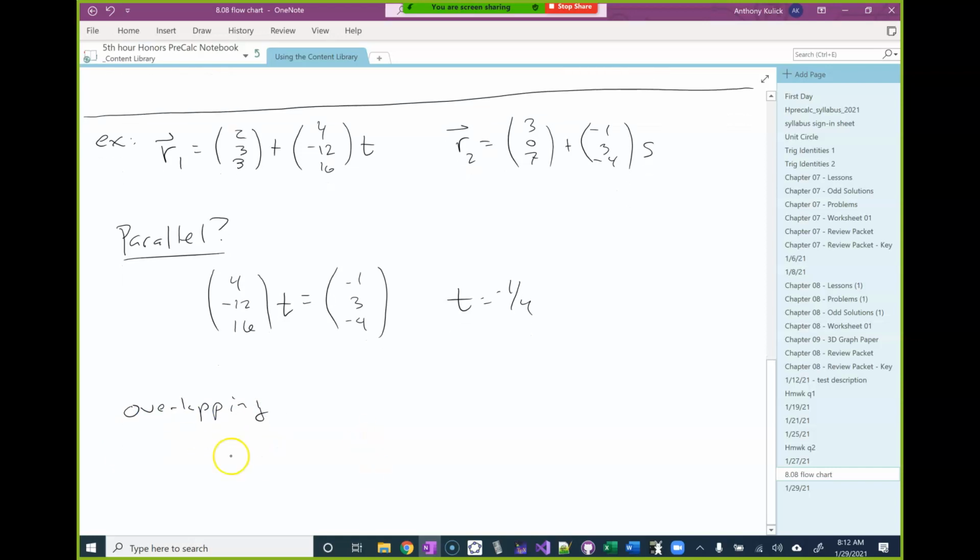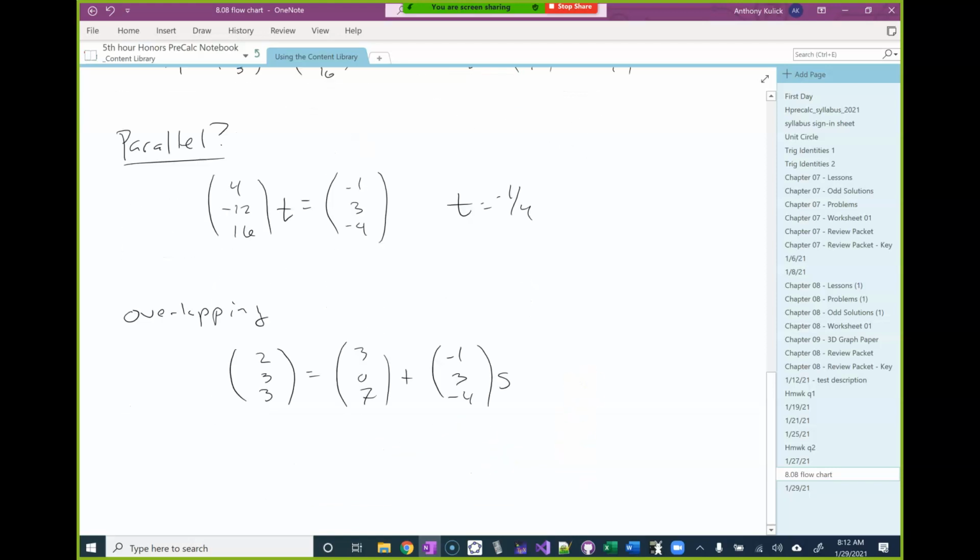So I'm going to take the point vector from one and set it to the equation for the other. It doesn't matter which one you do, whether you use the point vector from R1 or R2, but then it has to be set equal to the opposite equation, right?